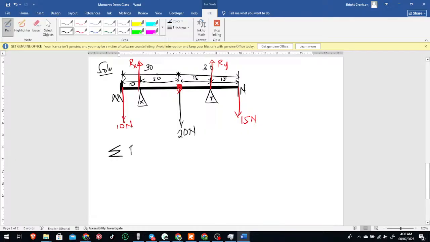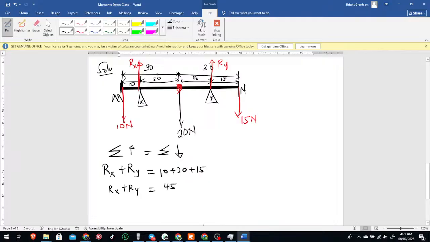R sub x plus R sub y should be equal to the downward forces 10 plus 20 plus 15. And this becomes one equation, Rx plus Ry equals 45.